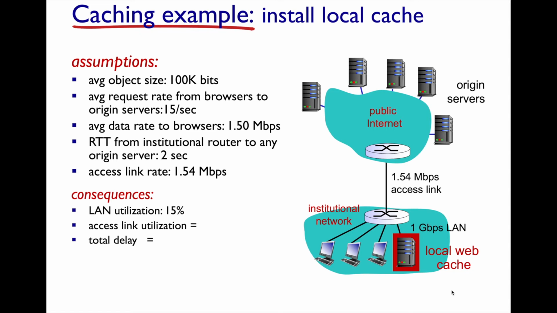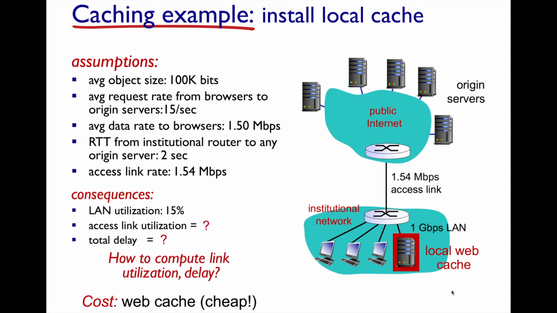The LAN delay has not changed, 1 gigabit per second, but we've paid maybe $1,000 or $2,000 for a machine, and we're going to install it as a server, install the operating system, and run this cache. Now all of the browsers on your institutional network, instead of going directly to the public internet, are going to connect to this web cache. So let's see what happens. It's very cheap. It's just the cost of a machine and the cost of electricity. Every once in a while you have to maintain it, make sure the RAM and all that other good stuff is running.